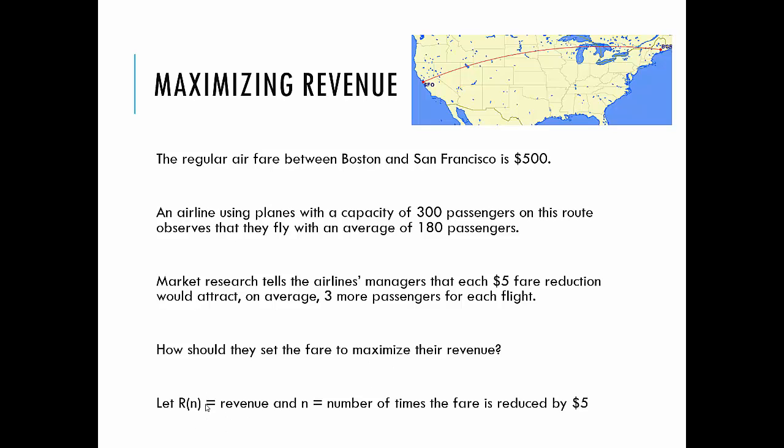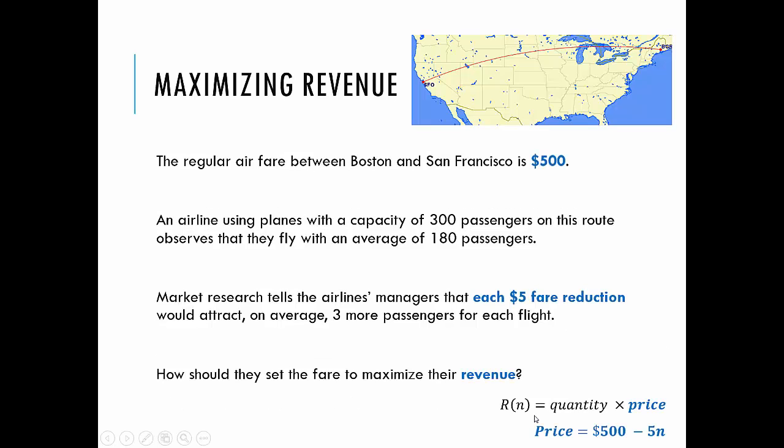So R of n, let that equal revenue, where n is the number of times the fare is reduced, because that's what they're looking at. How many times should they reduce the fare? The regular airfare between Boston and San Francisco is $500. That's important. And then minus, my price is going to be $5 times how many price reductions, so if there was 1 price reduction, 2 price reductions, and all that good stuff.